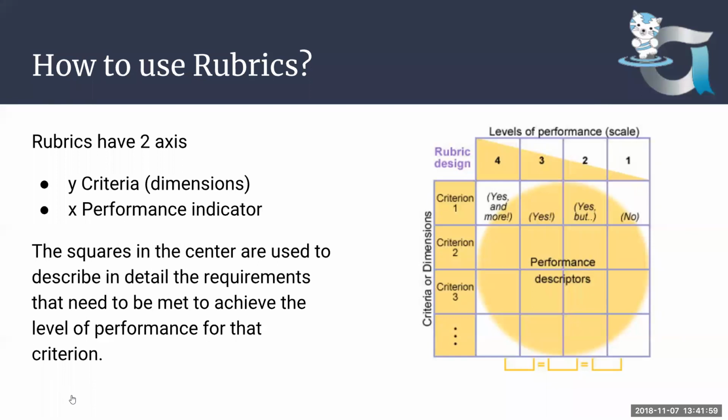But typically rubrics have two axes. We have an axis that contains all the criteria, and then we have the other axis, which is the level of performance, or basically how well they scored for that. And then in the center, we have all the squares, or the intersections between the performance and the particular criterion.